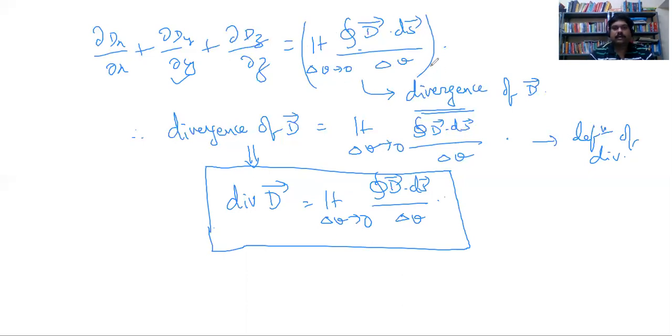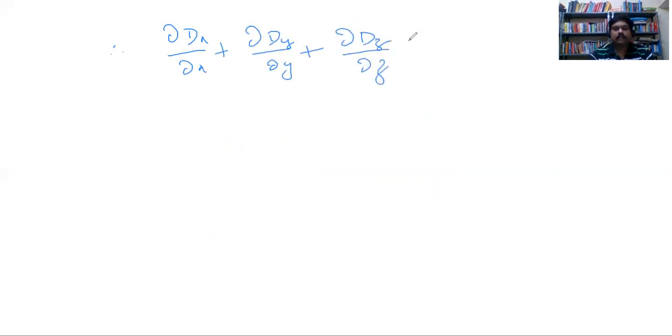We call this the divergence of this vector D. Because this is not practical enough, we will take the equivalent one. So therefore, ∂Dx/∂x plus ∂Dy/∂y plus ∂Dz/∂z, which is nothing but divergence of D.